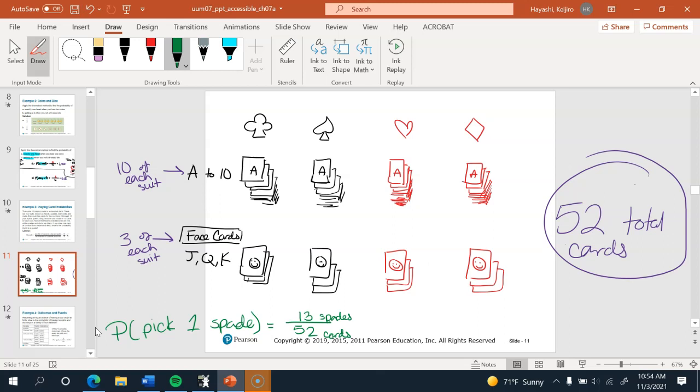And there are 13 of them, so 13 over 52, that simplifies to 1 over 4, which also makes sense because there are 4 suits, and one of them is a spade, so they're all nice and evenly distributed. All the suits have the same number of cards, so if you're willing to go with any card that fits one of the 4 suits, your probability is going to be 1/4.